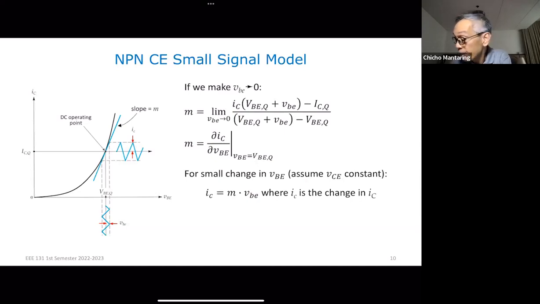So this is the change in capital IC as a result of VBE changing. So we're assuming that itong VCE hindi nagbabago, so VBE lang ang nagbabago. And ano yung magiging pagbabago ng IC dyan? It will be this M multiplied by V small b small e. It's just parang interpolation lang. I have a point.